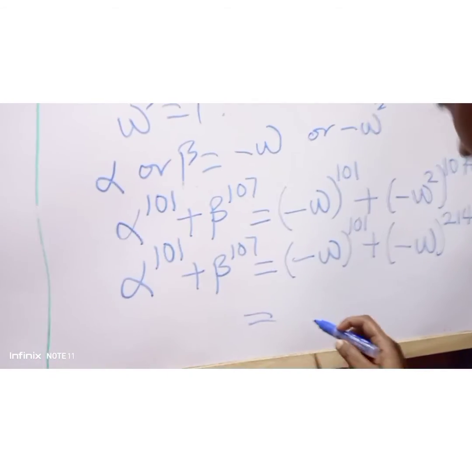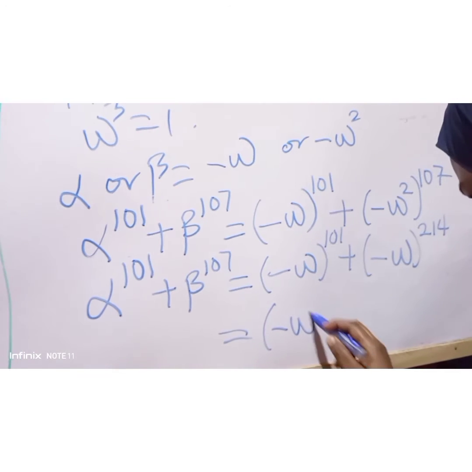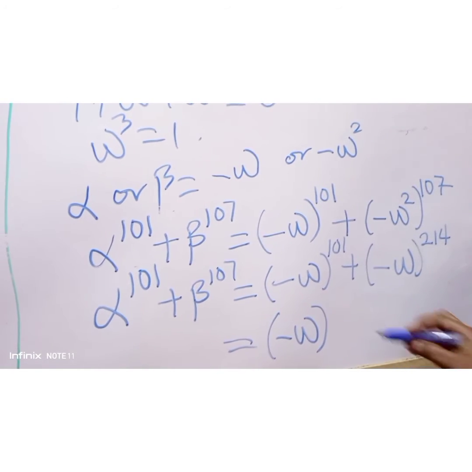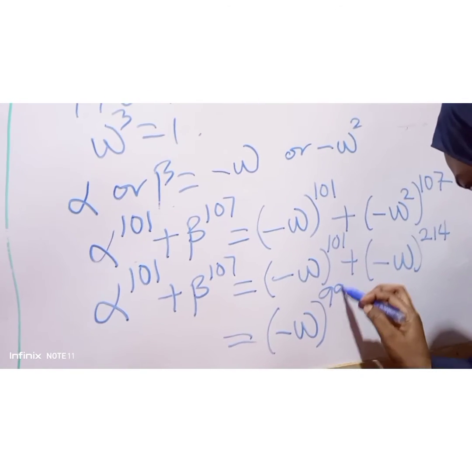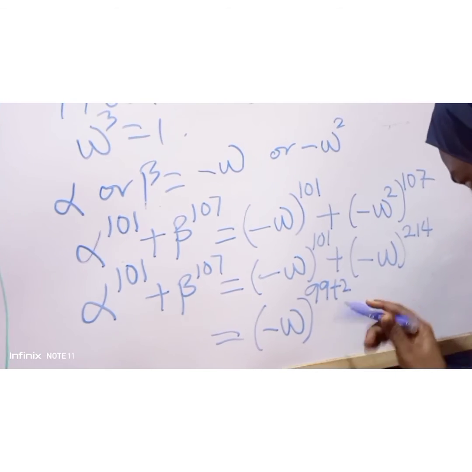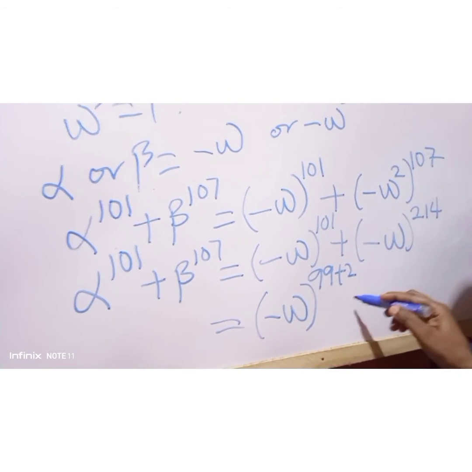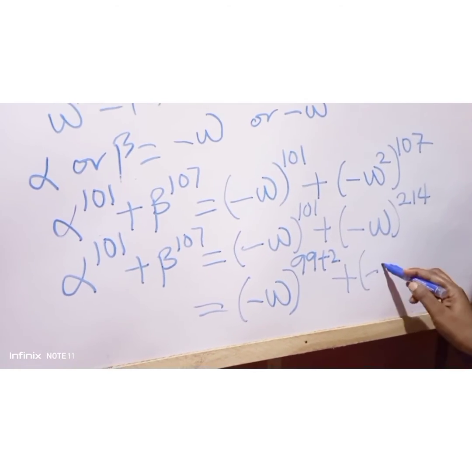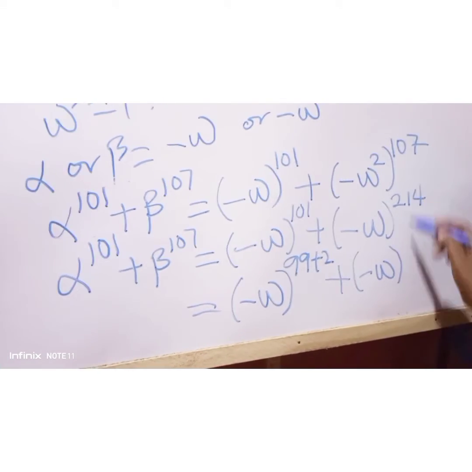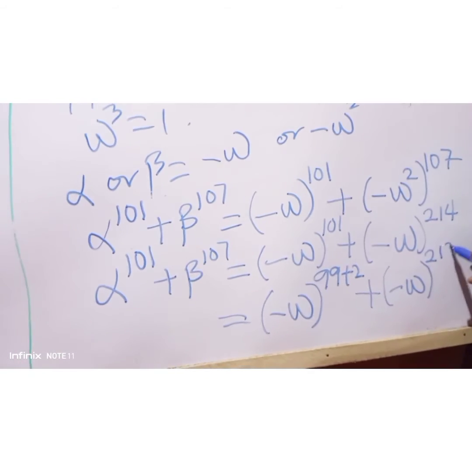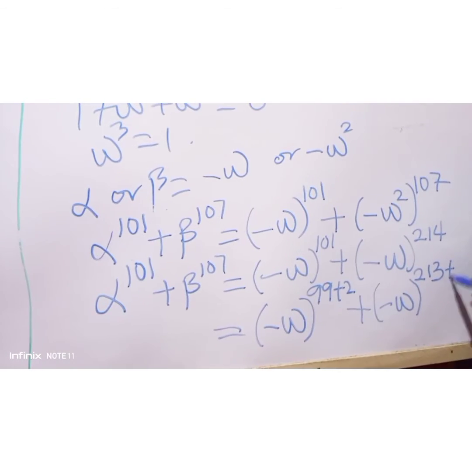So the next thing is that I want their exponents to be in form of a cube. So I'll say minus omega raised to the power of 99 plus 2, so that this one is a multiple of 3. So I want it like that. So plus minus omega raised to the power of 213 plus 1.